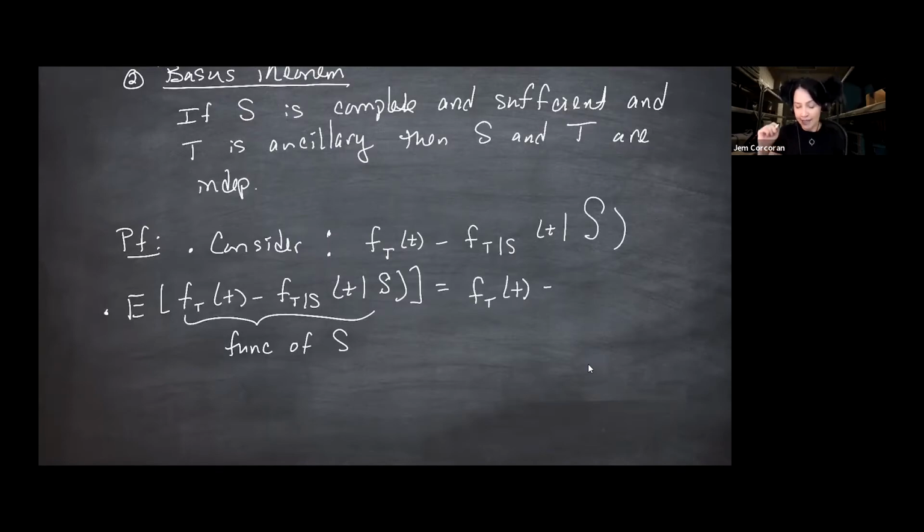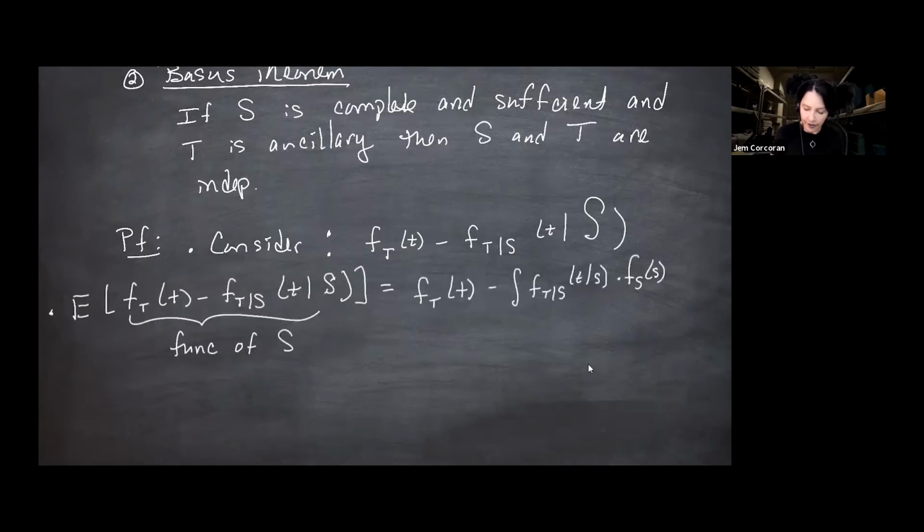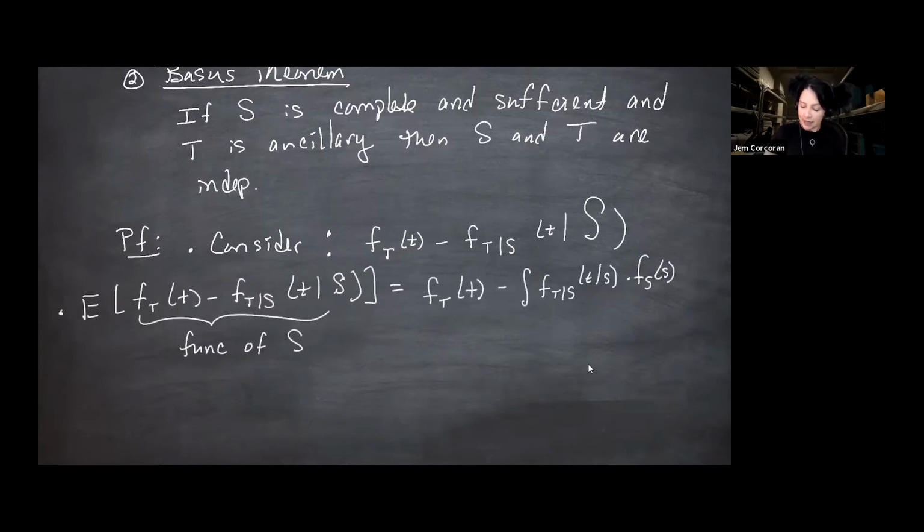And the random thing is S. So to do this expectation, I would integrate the conditional PDF and I would put in a lowercase s and multiply by the marginal PDF for S, ds. Because again, if you're looking to take the expectation of this, the only random variable there is S. So you need to put in a little s and multiply by the PDF for S and integrate over all s.